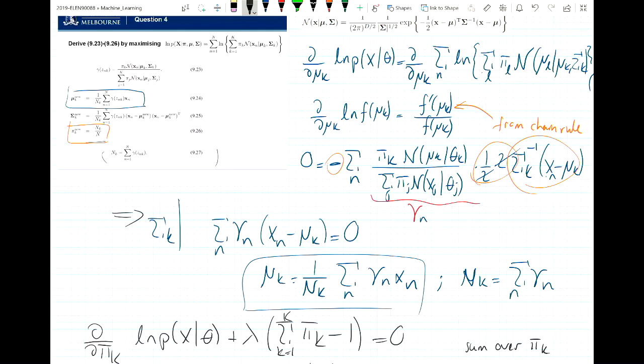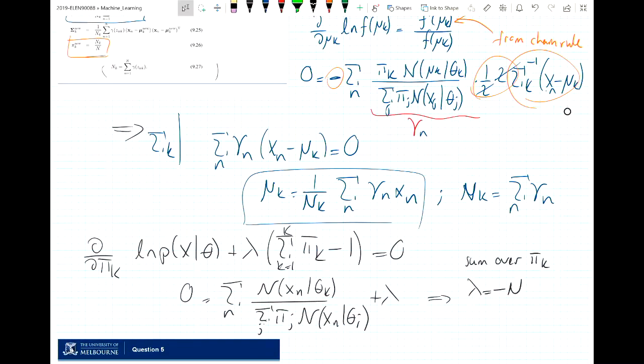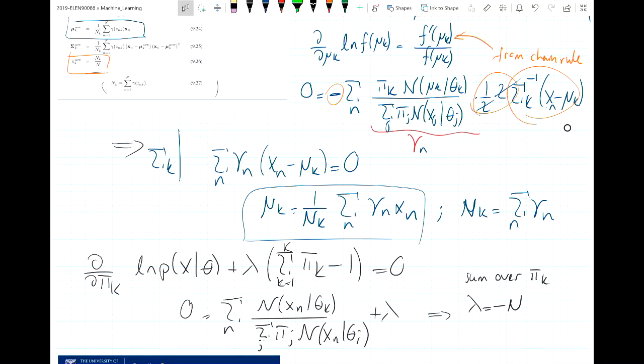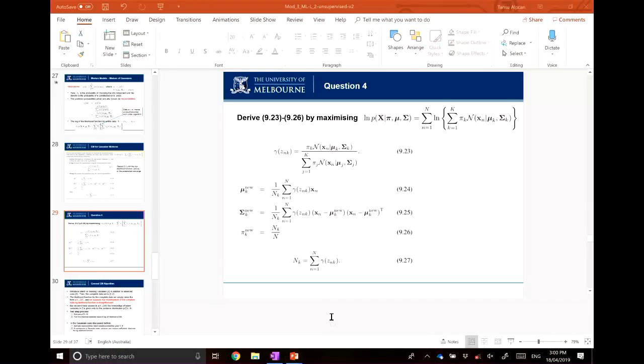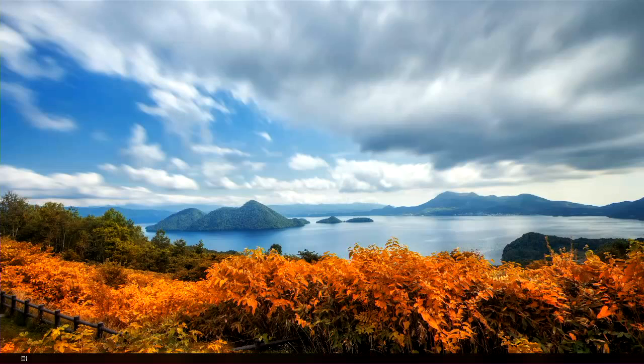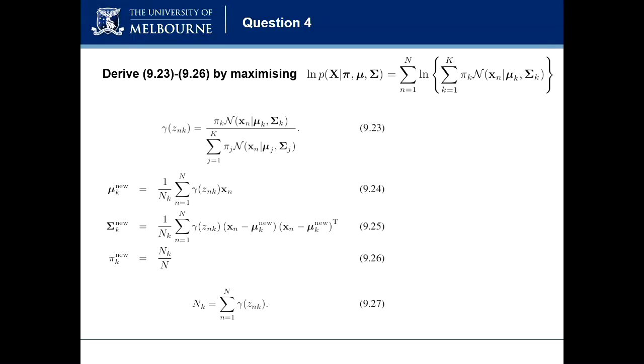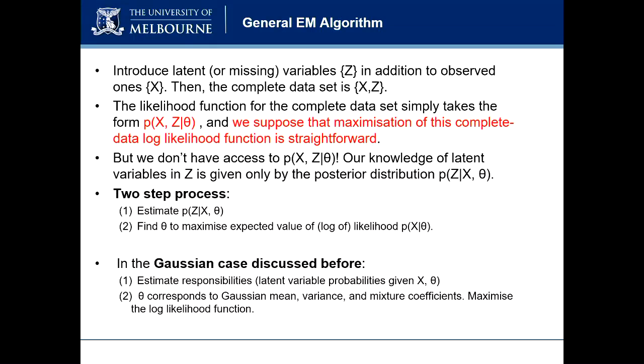Then it would be just a Gaussian distribution on a line instead of a multidimensional Gaussian distribution. It gives you the result, and then these are used in the expectation maximization to obtain their values in an iterative process.